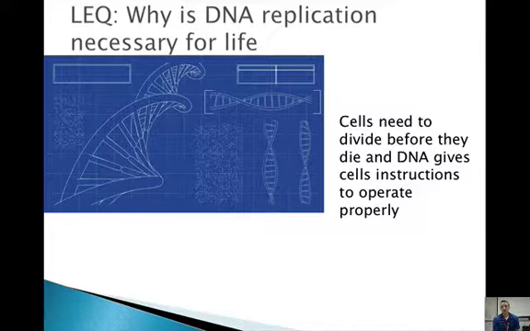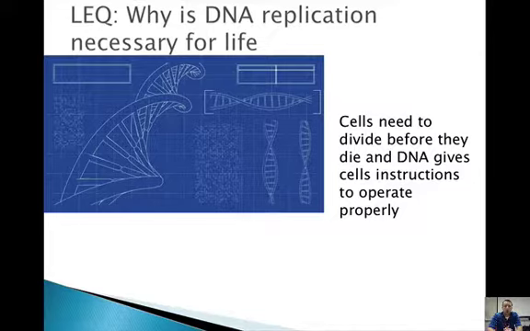For those cells to operate properly and do the function they are meant to do, that DNA needs to replicate and make sure the cell actually does what it's supposed to do. Because if it doesn't, then we start having mutations, and those mutations can lead to a lot of harm within human beings and even animals outside of humans in general.